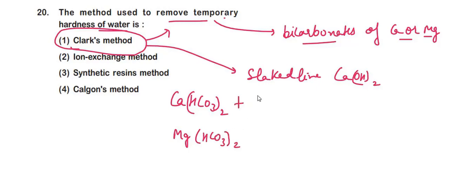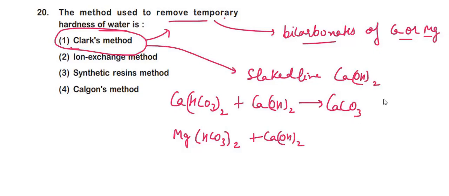When calcium hydrogen carbonate reacts with calcium hydroxide, slaked lime, it leads to the formation of precipitates of calcium carbonate and water. So 2 moles of calcium carbonate and 2 moles of water are obtained, and it can be separated in the form of precipitates.